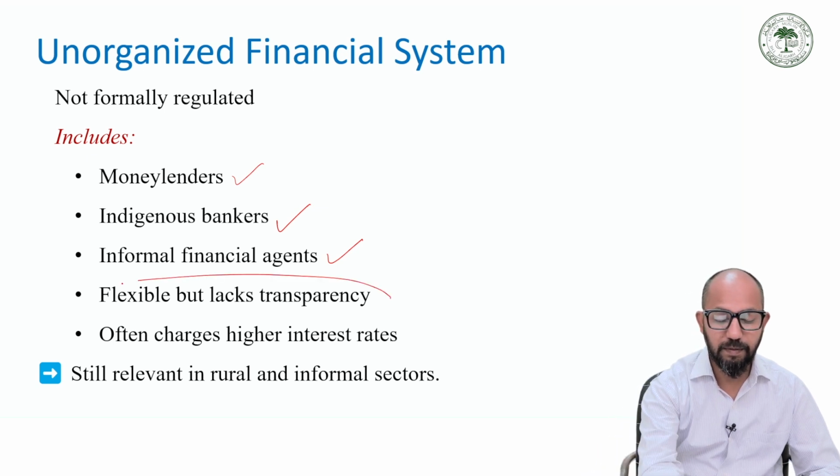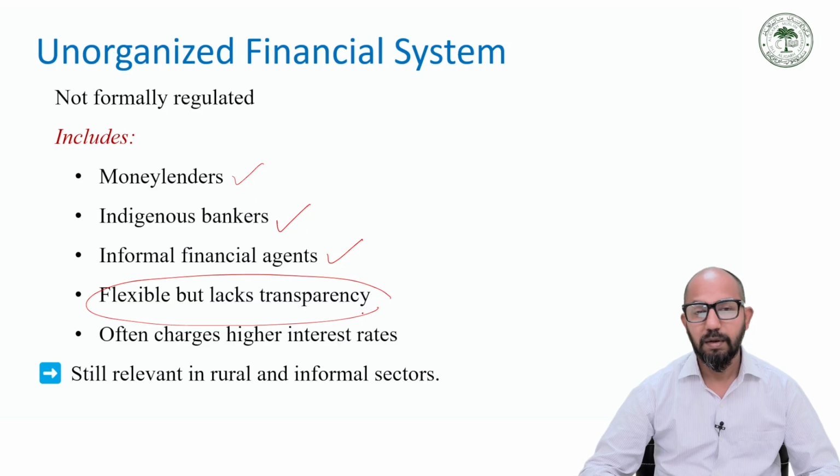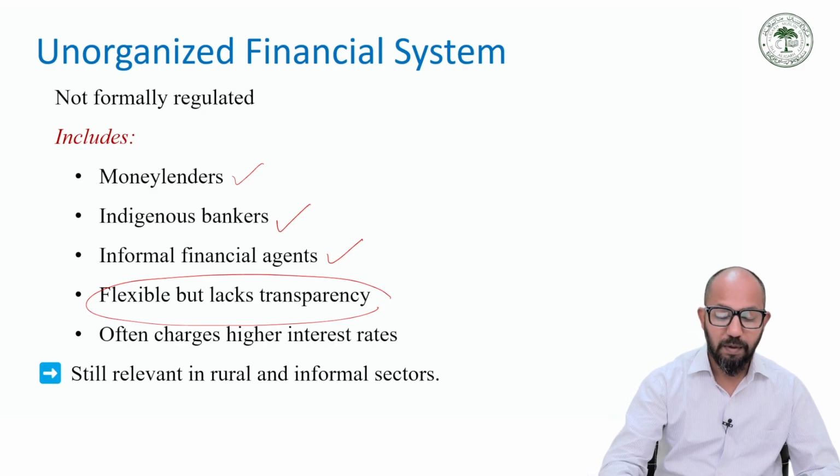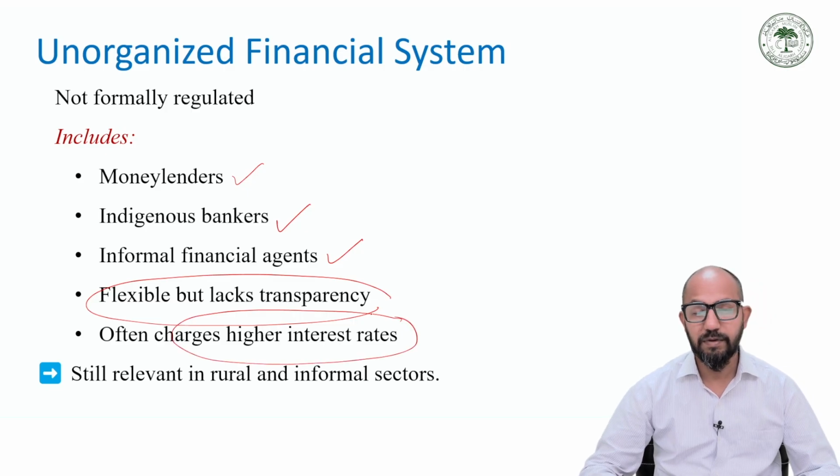The feature of the unorganized financial system is that it is flexible. It tries to give money to everybody, to finance everybody, and for that they are ready to become flexible in their rate of interest, in the agreement, etc. But the problem is that they generally charge a very high interest rate.